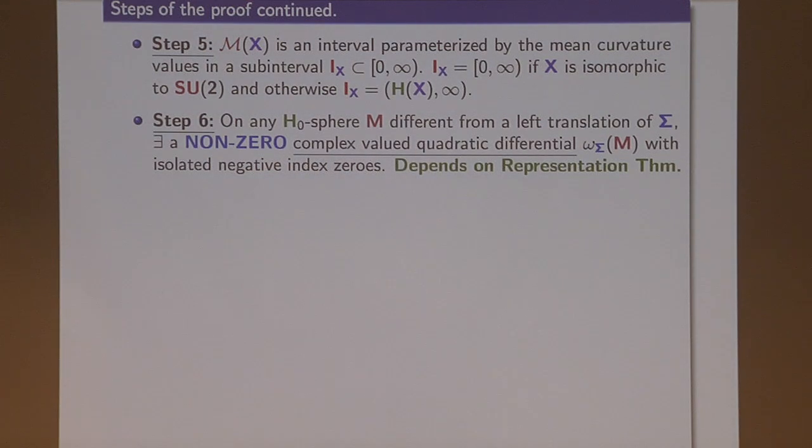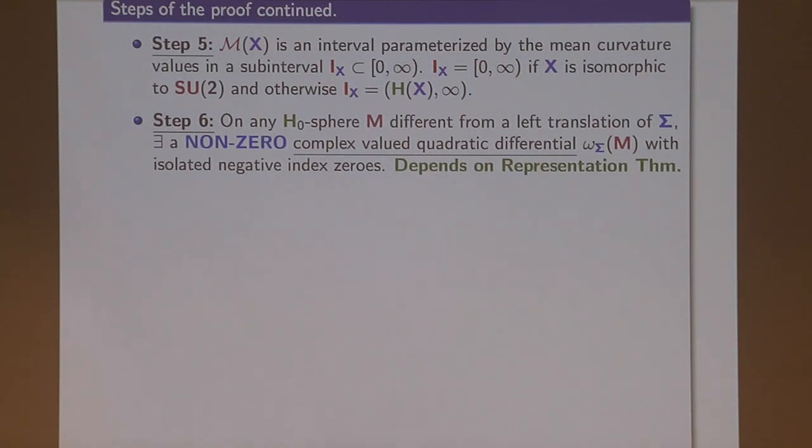And by being clever and using the representation theorem, from that you can create a non-zero complex quadratic differential which has isolated negative zeros if this surface is not a left translation of sigma. Remember, the representation is all in terms of uniqueness up to left translation. The Gauss map somehow determines everything.